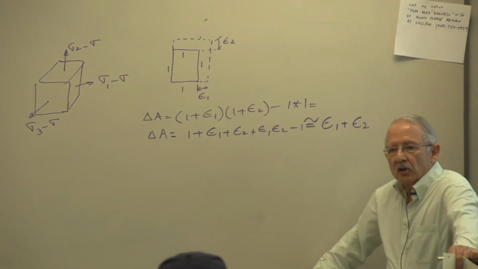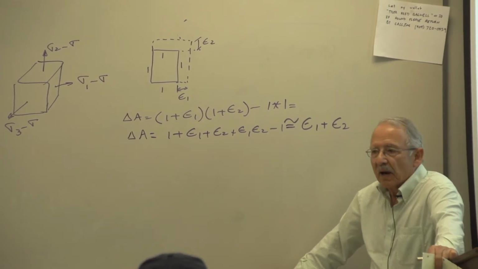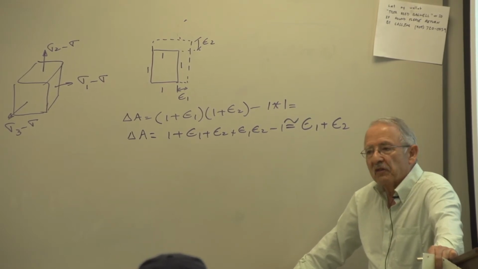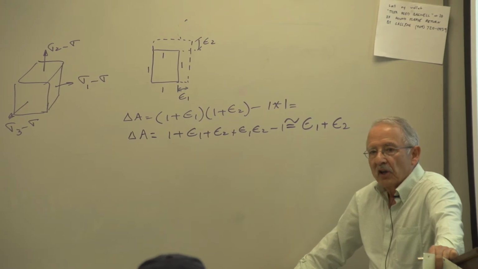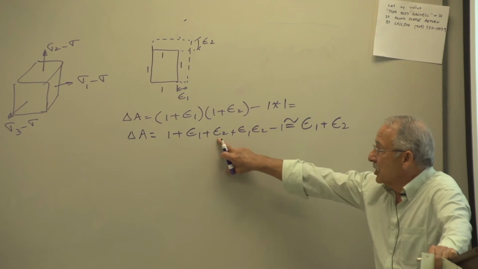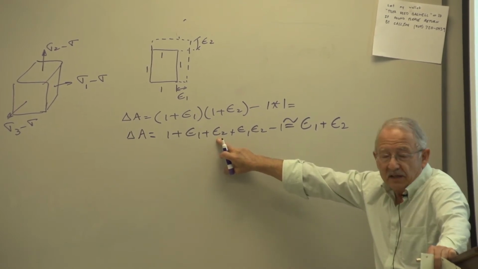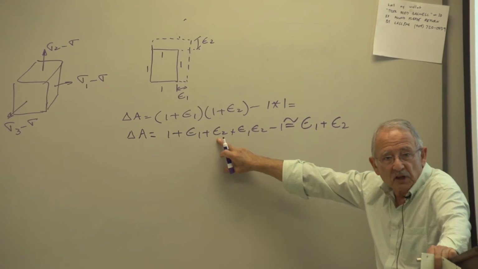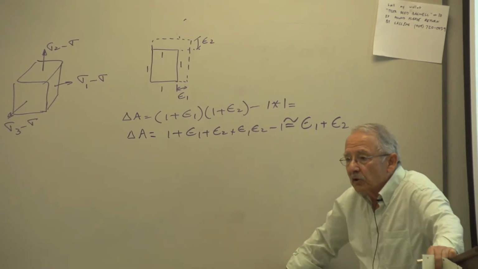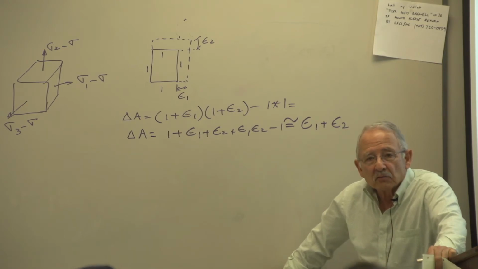Because in all of the problems that we consider, the magnitudes of the strains are very, very small. And therefore, the product of strains is much, much smaller than the strains themselves. As an example, 100 is negligible as compared to 10,000.